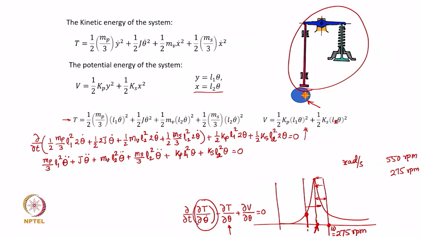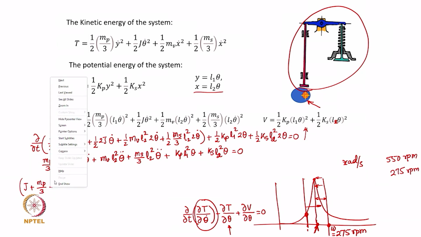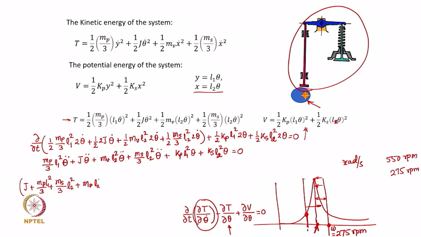But if we bring in all the terms in θ double dot together, then I have J plus mp over 3 times L1 square, and then ms over 3 times L2 square, and plus mv into L2 square, times θ double dot, plus kp L1 square plus ks L2 square into θ equal to 0, which is in the standard form of m x double dot plus k x equal to 0.